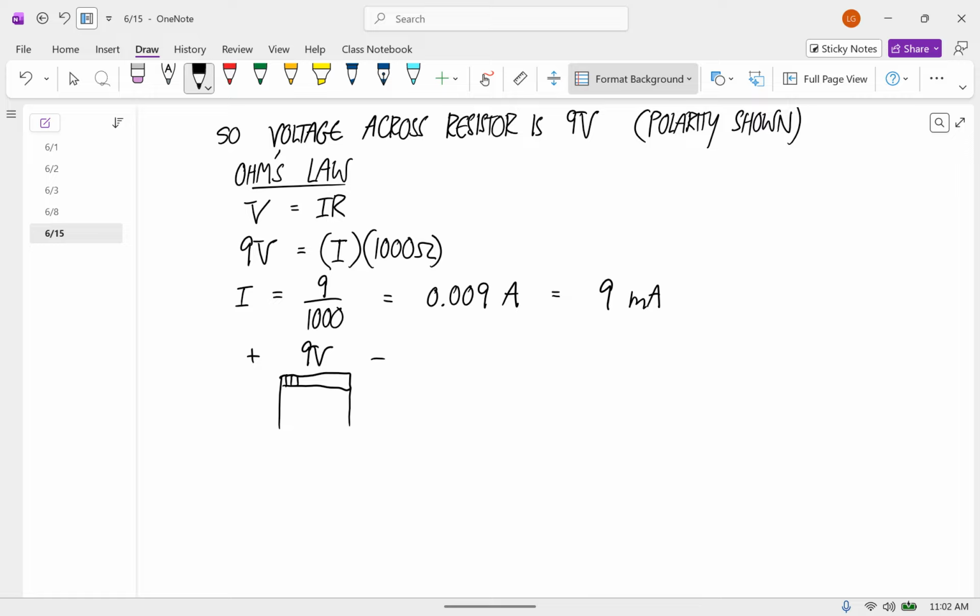And the current always flows from the positive to the negative, the high electric potential to the low. And so the current is in this direction, and we'll always indicate direction of current with an arrow. And it has a value of 0.009 amps.